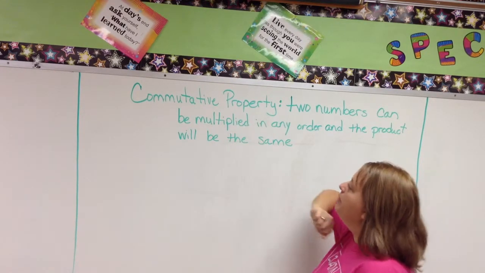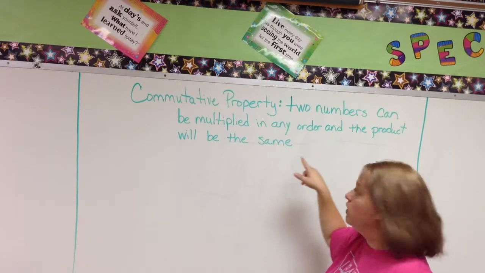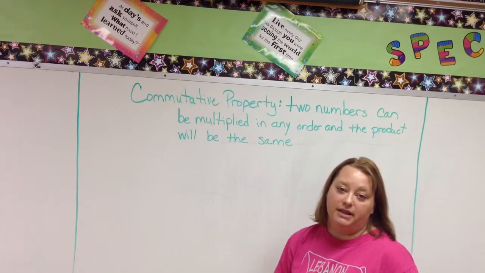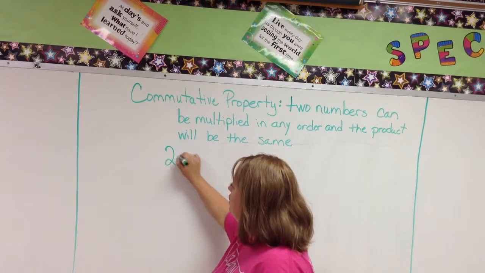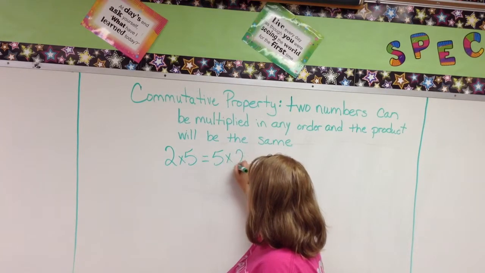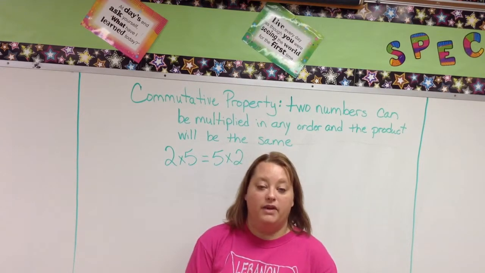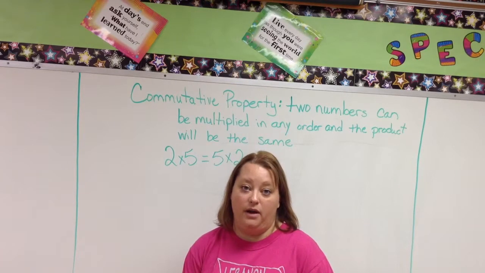The commutative property says that 2 numbers can be multiplied in any order, and the product will still be the same. For the example that we just wrote down, we had 2 times 5 was the same as 5 times 2. I want you to pause the video and come up with 2 more examples and write them in your notebook. You may also draw a picture if that would help you.